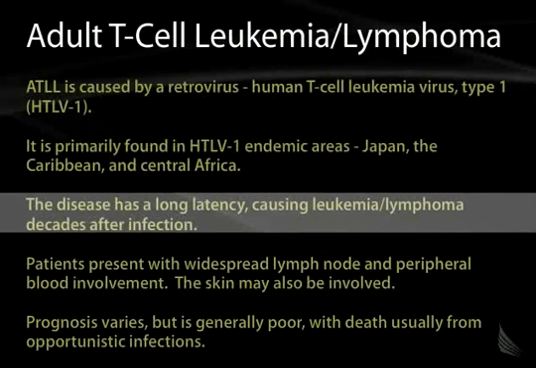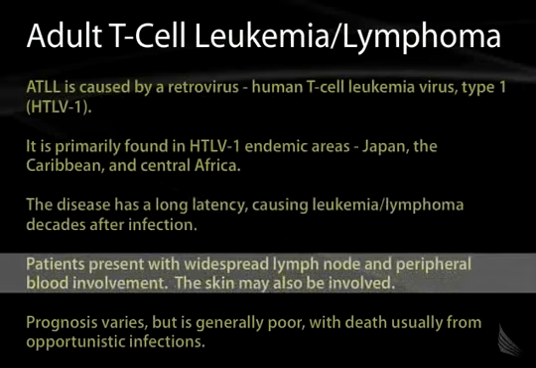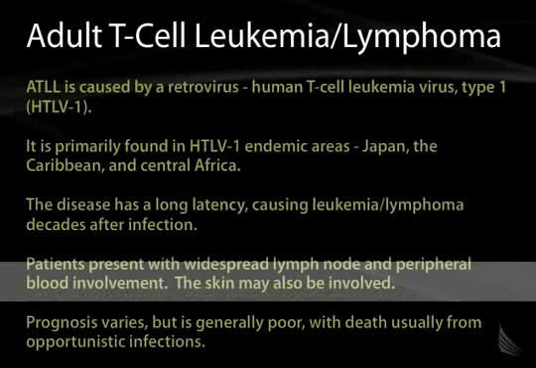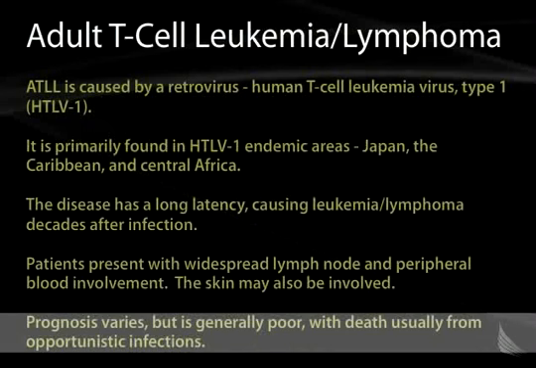The disease has a very long latency period, and the ATLL is often not manifest until decades after the initial infection with HTLV1. Patients can present with widespread lymph node or peripheral blood involvement, or even involvement of the skin. The prognosis is generally quite poor, but does vary, and often depends on the patient's ability to avoid opportunistic infection.